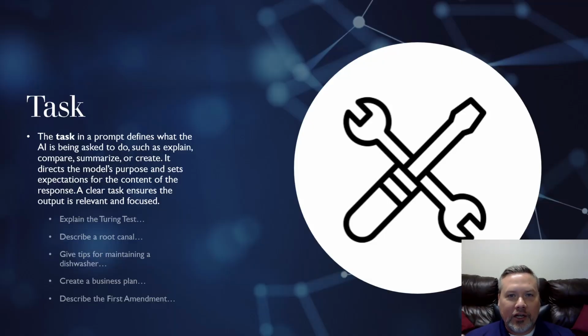Sometimes you have to refine your prompt, give it more detail, and that kind of thing in order to have your large language model give you the result that you want. Here are some example tasks. Explain a Turing test, describe a root canal, give tips for maintaining a dishwasher, create a business plan, describe the First Amendment.